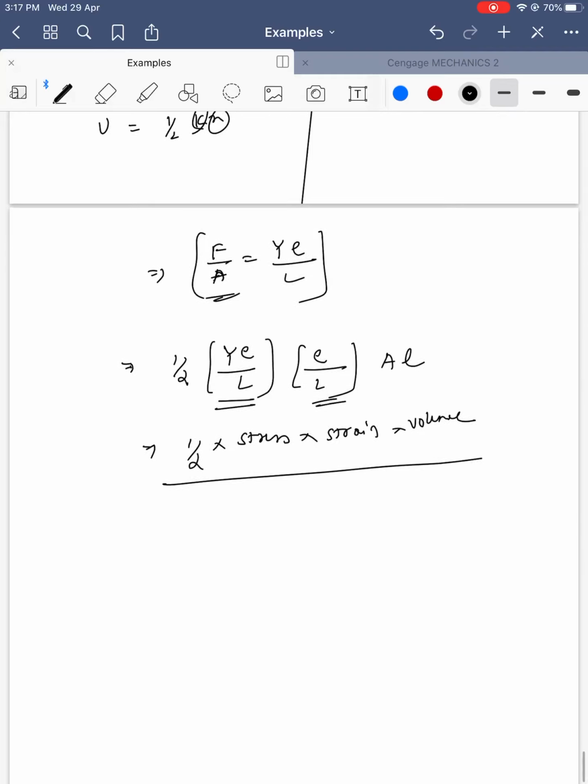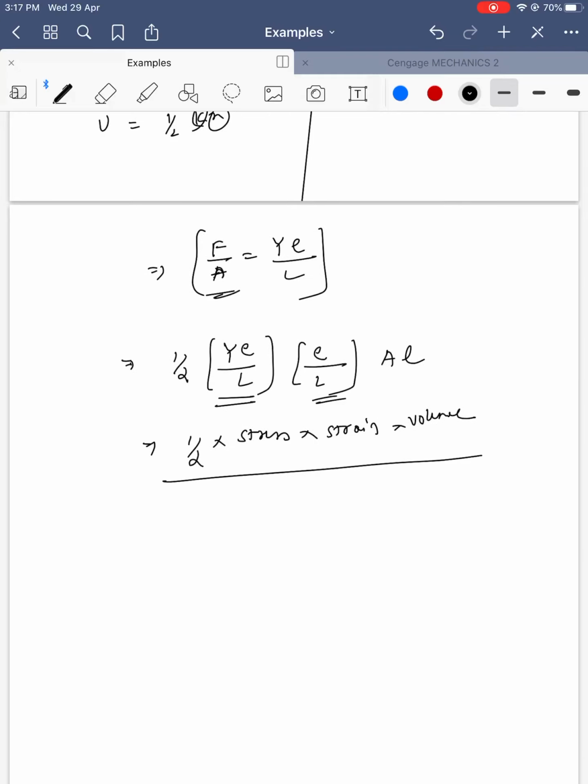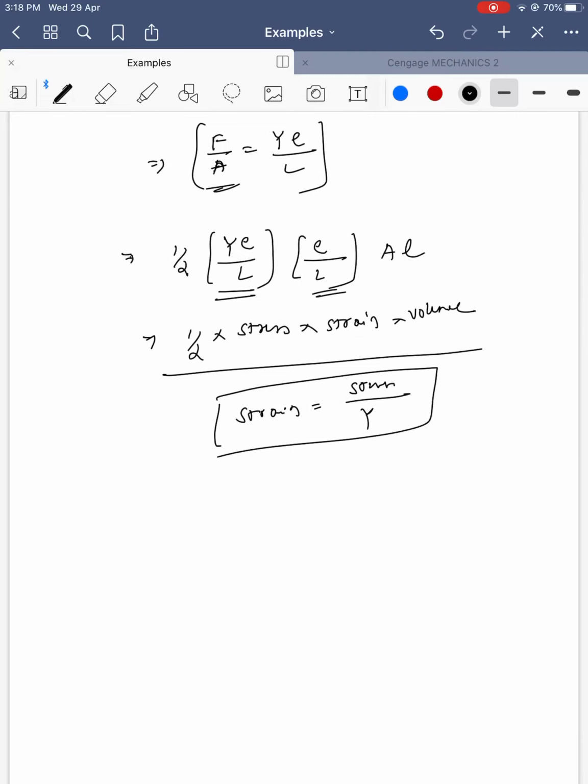This is simple. Next, what is strain? Stress by strain is nothing but Young's modulus. Strain is nothing but stress by Young's modulus.